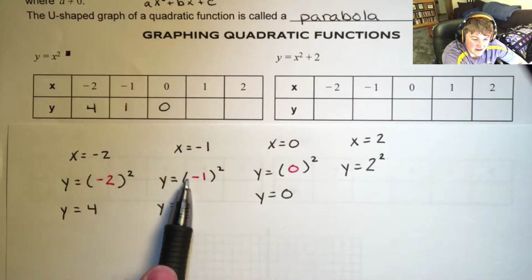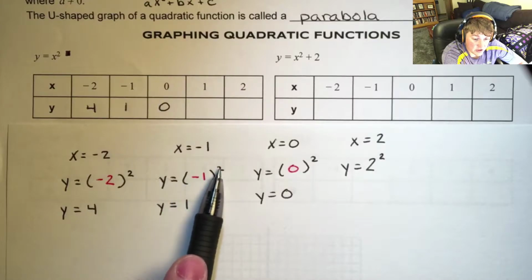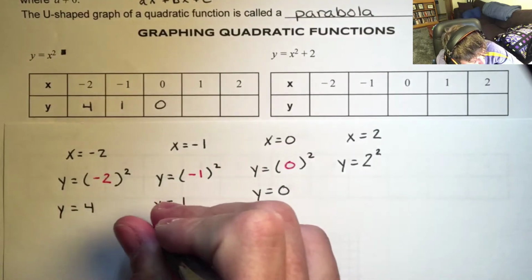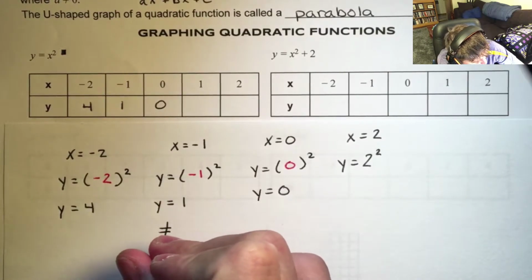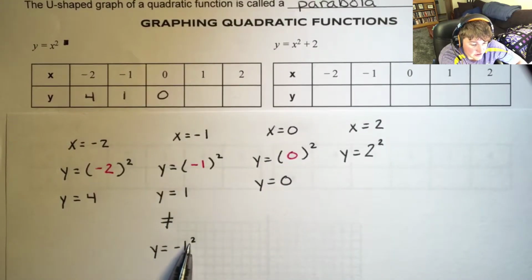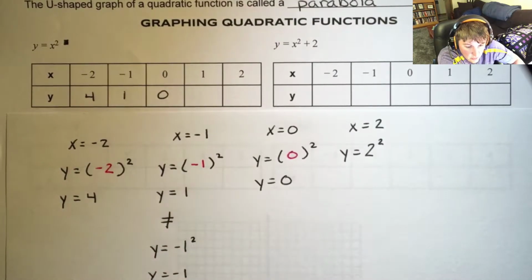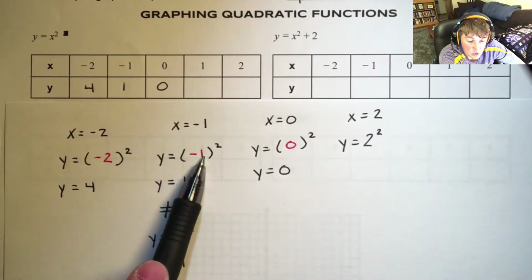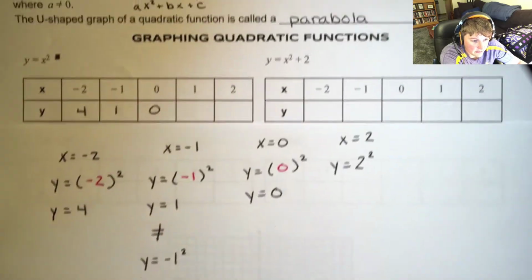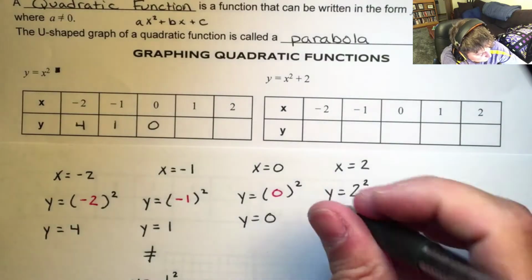Where this one here, I kind of have to have the parentheses because I have this (-1)^2, and negative 1 times negative 1 is positive 1, where this is not the same as if I had y = -1^2. Because of the order of operations, this would tell me to square 1, so 1 times 1 is 1, and then take the opposite of it. So this one would be equal to negative 1. So it's important to know when the parentheses are necessary. If you're ever squaring a negative number, you do need parentheses around it. That will matter. Okay, and 2 squared is the same as 2 times 2, which is 4.